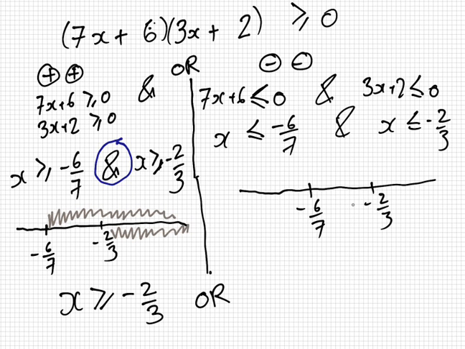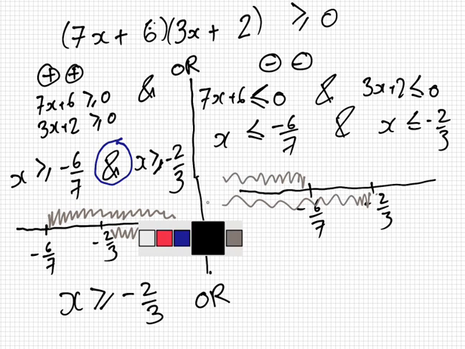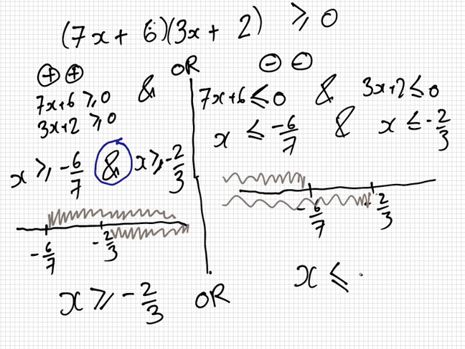The only way that can be true is if x is smaller than or equal to minus 6 over 7. It's the only way both can be true at the same time. So this means our answer is here.